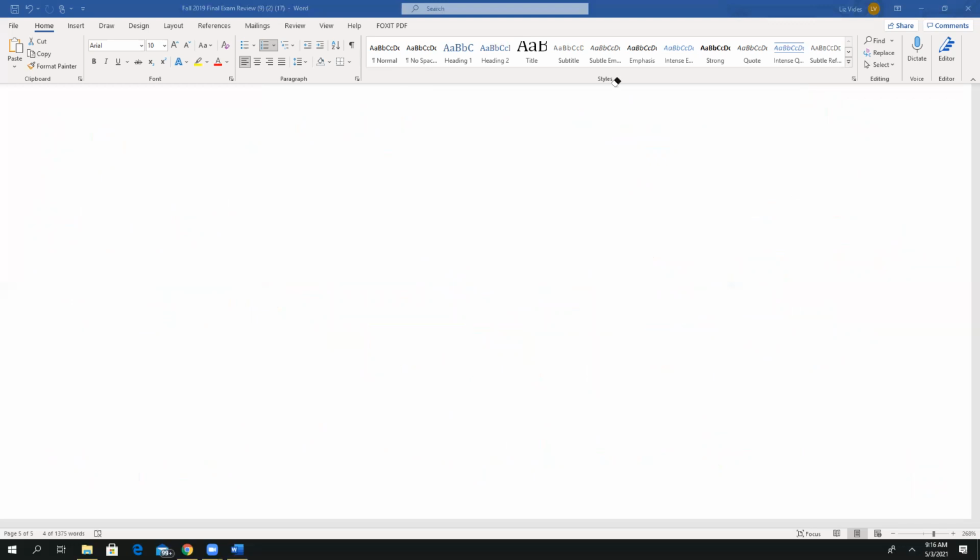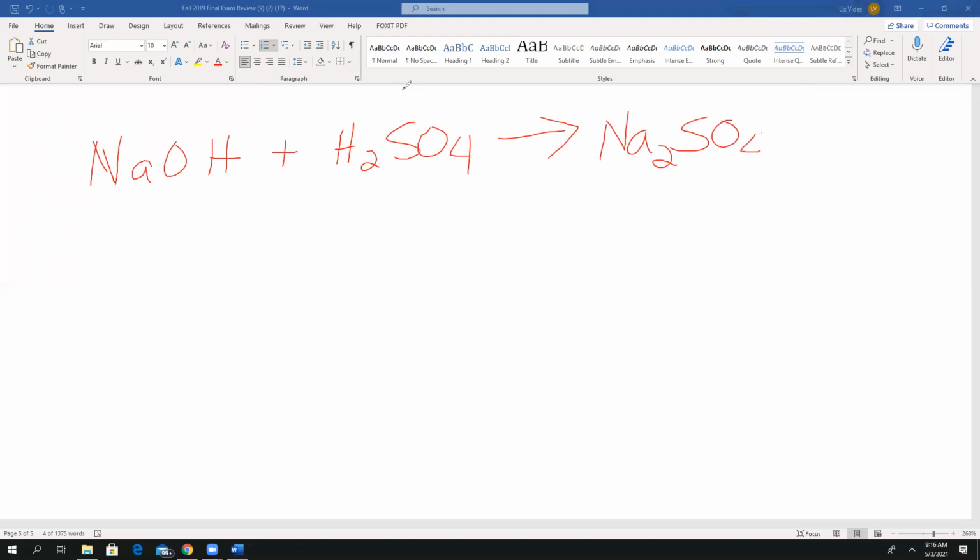We have sodium hydroxide reacting with sulfuric acid, which is going to make us sodium sulfite plus water.